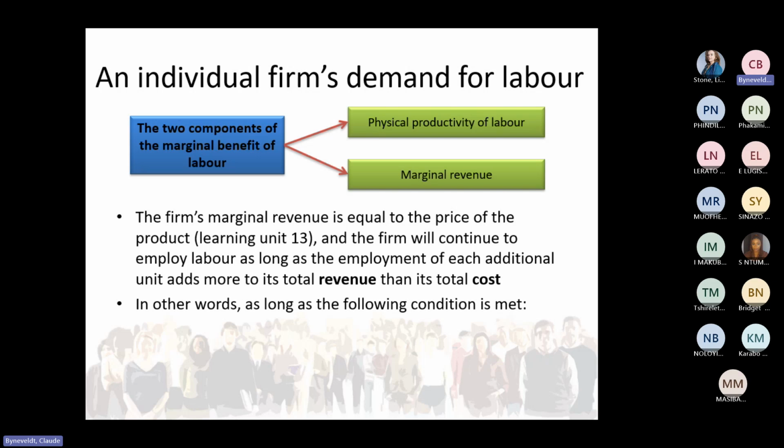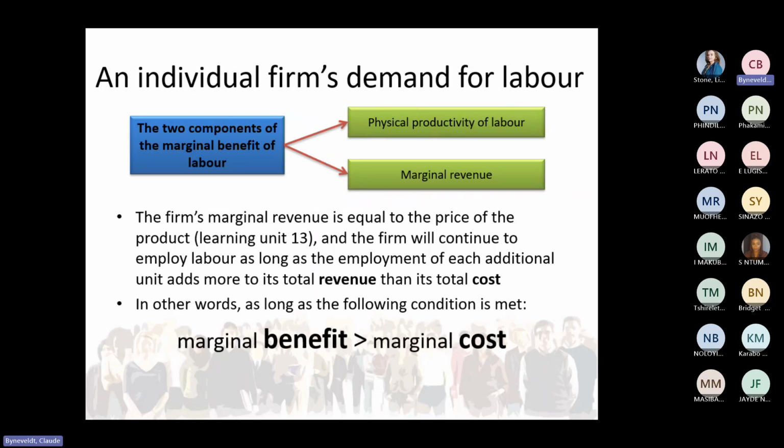And what does that additional unit of labor provide to the marginal revenue, the additional revenue that it contributes to the firm? So the firm's marginal revenue is equal to the price of the product, Learning Unit 13, and the firm will continue to employ labor as long as the employment of each additional unit adds more to the total revenue than its total cost.